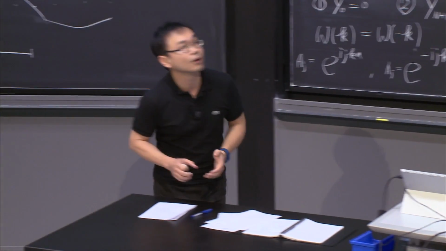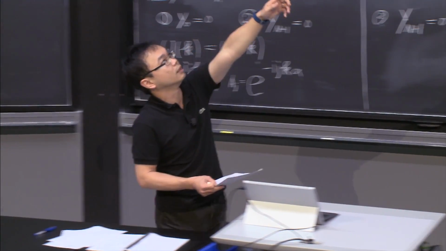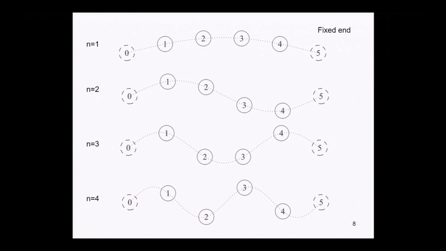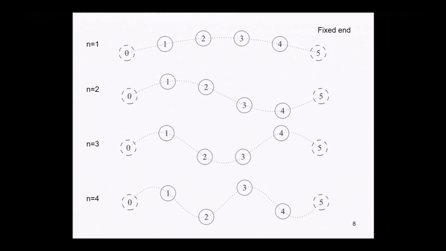And if I plot all those normal modes as a function of j, basically what you can see from here is, if I have capital N equal to 4 in this case, then I'm going to have 4 normal modes. The first one will be a really long wavelength one when n is equal to 1.